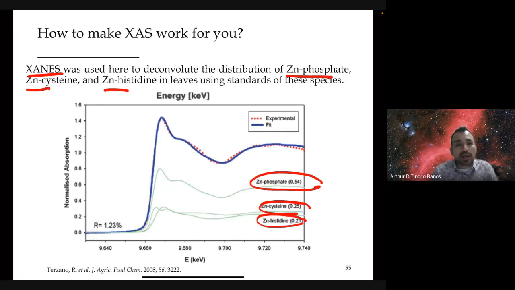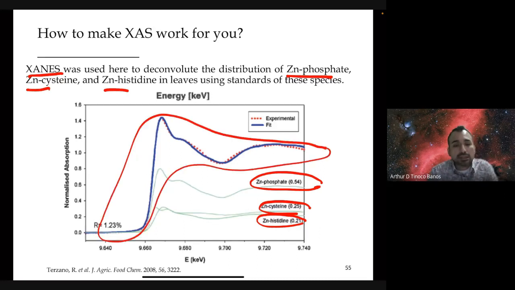And then they used that information to deconvolute this experimental spectrum. From that deconvolution, they determined that about 50% of that spectrum corresponded to zinc phosphate, 25% to zinc cysteine, and 20% to zinc histidine. That information came from a sample of leaves. I don't know exactly what leaves they were; we would have to look into that particular reference. But they used standards, and the standards help them to be able to fit the data, okay?